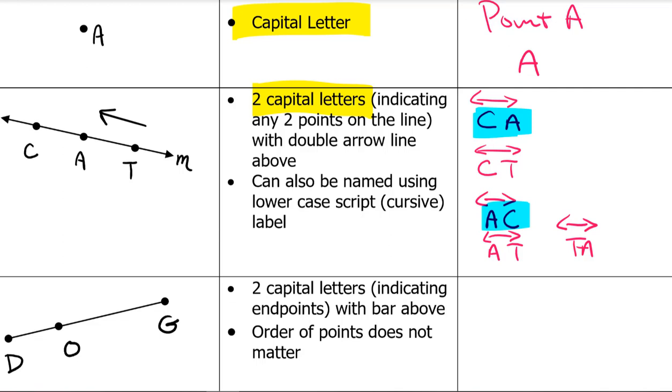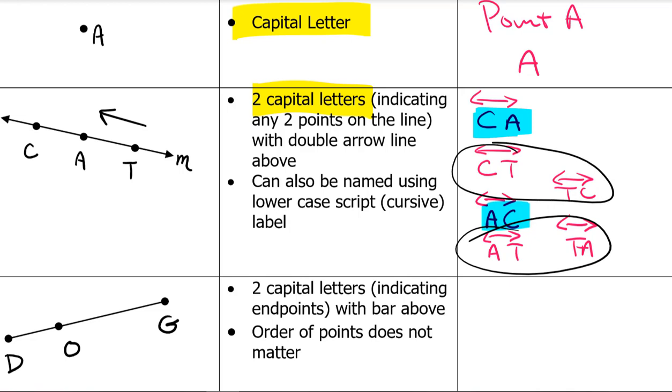Or I could also have from T to C. And notice how both of these pair up with the opposites of these guys right here. So these are all also written in the opposite order. So you've got some options of how you want to write it. Two capital letters, arrow over both of them, and you're good to go.